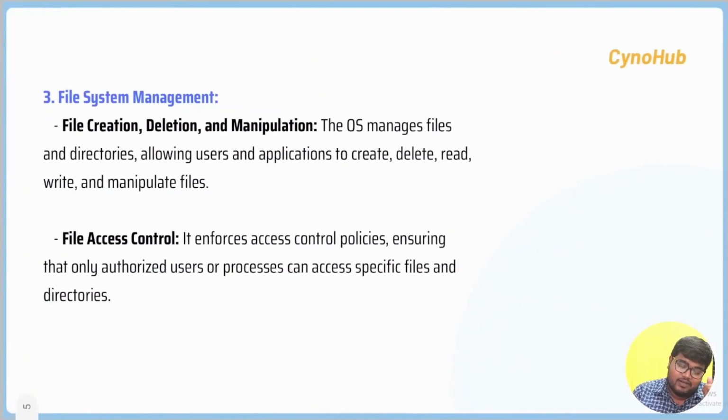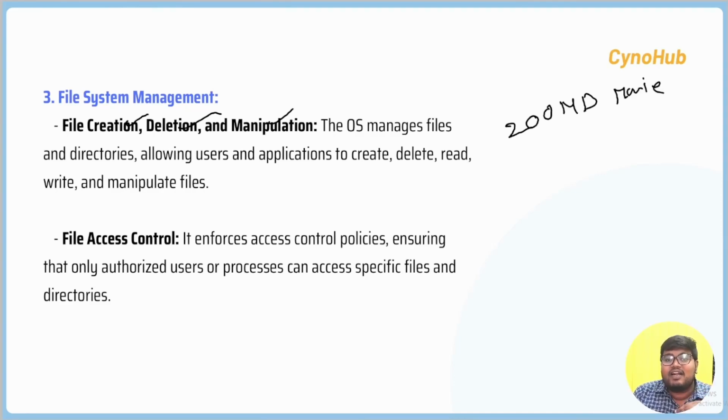Okay. Next one, file system management. File system management also has small techniques, that is creation of a file and deletion of a file. See here, file creation, deletion and manipulation. What is meant by manipulation? Suppose the file already exists and you want to modify it. Suppose one movie is there that is 200 MB.